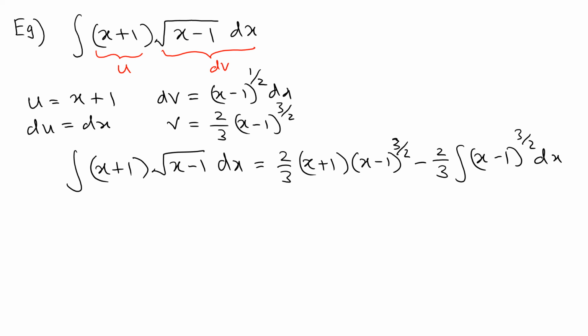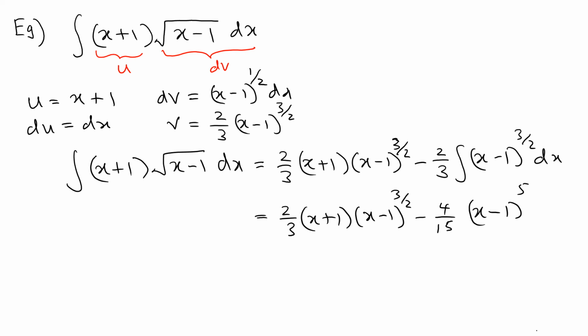You can see the second integral is easy to integrate, so we write the answer as 2/3 times x plus 1 times x minus 1 to the 3/2, minus, since you're going to get 5/2, 4/15 times x minus 1 to the 5/2, plus c as the answer.